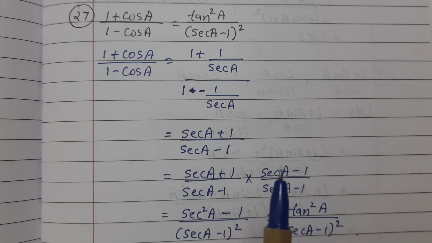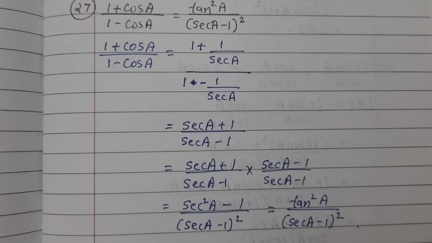Sec A plus 1 into sec A minus 1 is sec square A minus 1, and the denominator is sec A minus 1 the whole square, which is equal to sec square A minus 1, which is equal to tan square A upon sec A minus 1 the whole square, equal to right hand side.